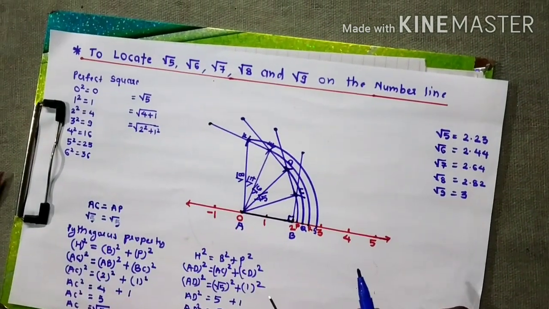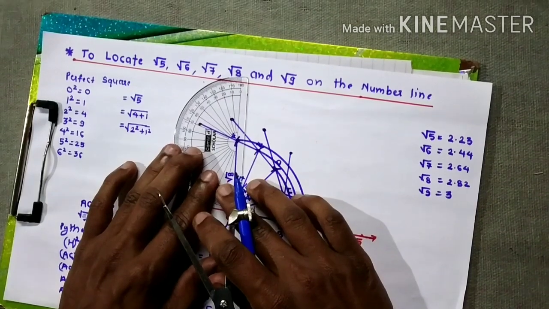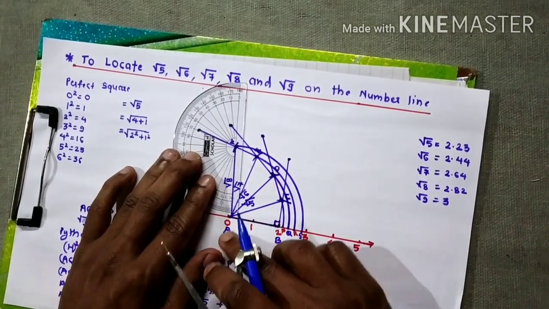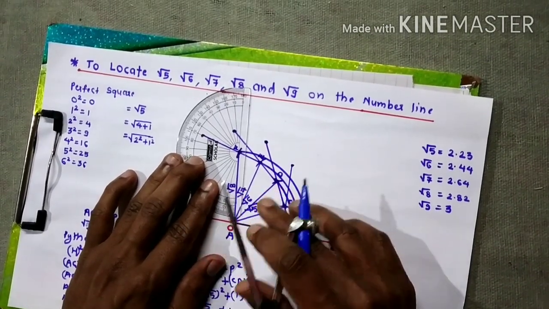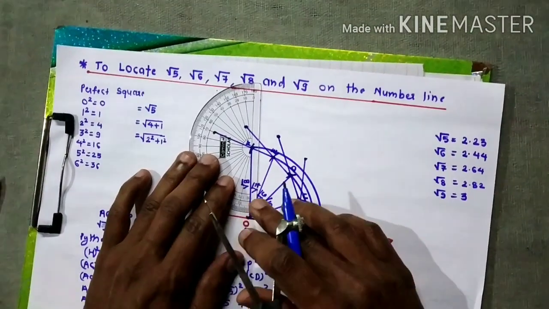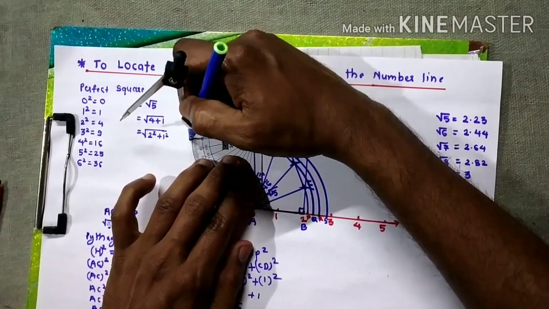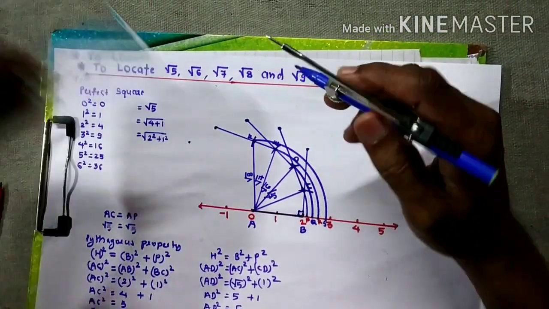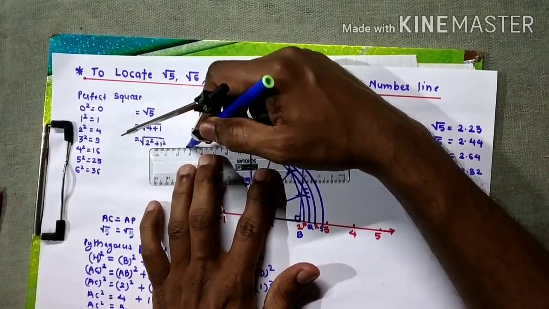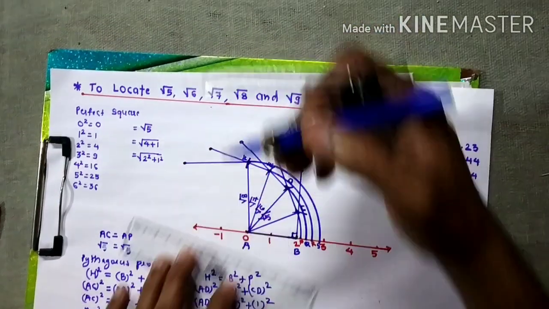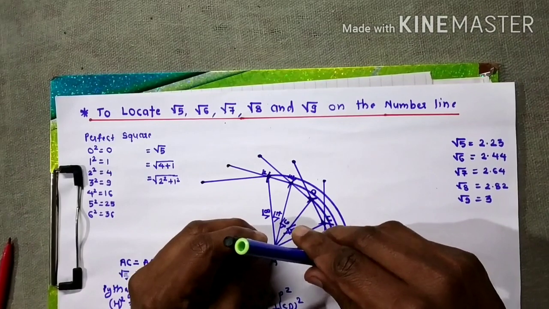First we have to keep the protractor here, and we have to choose base as AF. Then we have to mark one point here. Then we have to join these 2 points. Next we have to choose 1 unit distance.